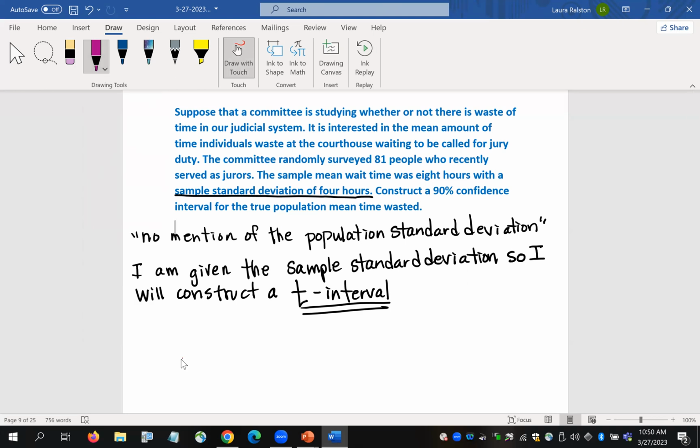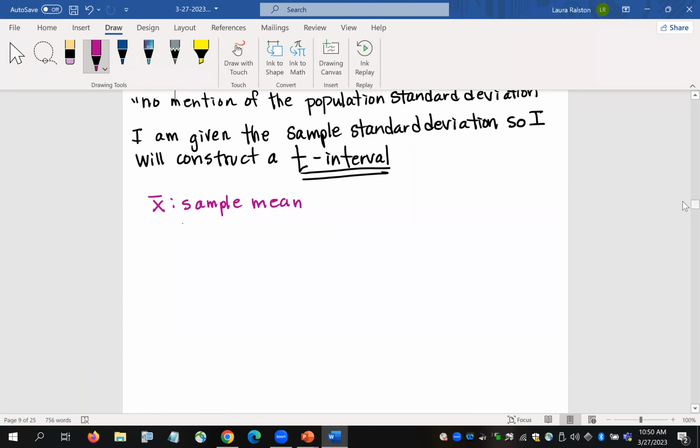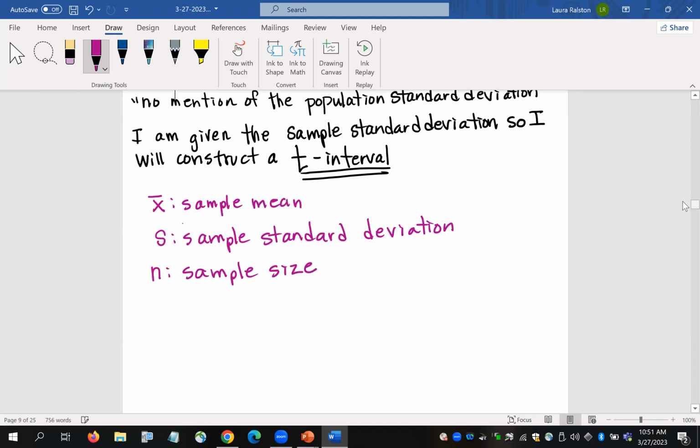I have to know my sample mean, I'm going to know the sample standard deviation, I have to know the sample size, and I have to know the confidence level.